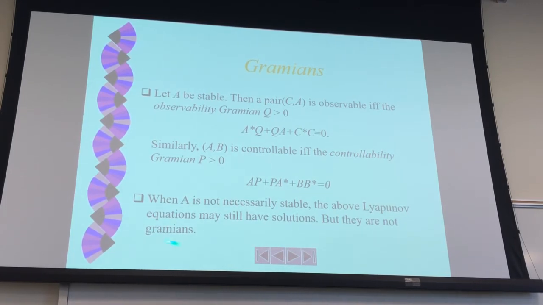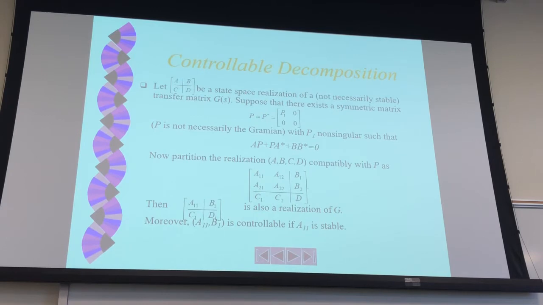I think the G in Gramian should be capital. So the controllability and observability Gramians solve the Lyapunov equations. Amazingly, interestingly connected, so we're moving forward.